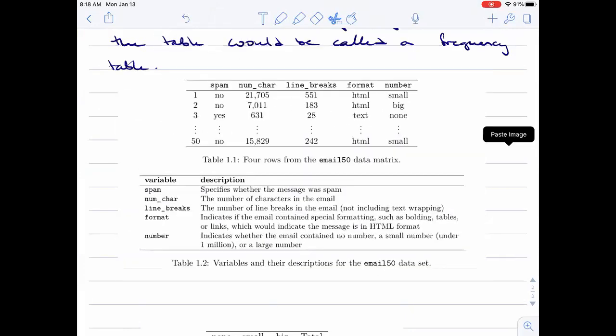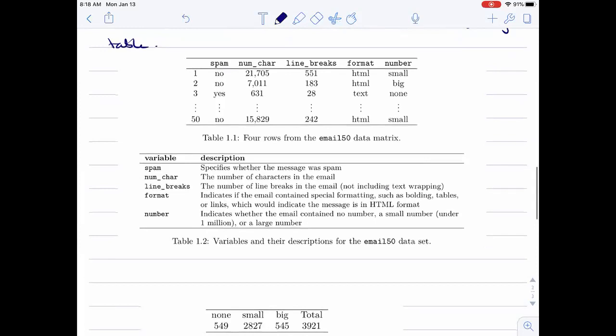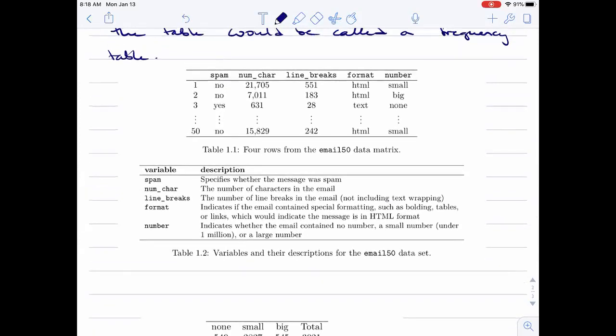So the email 50 data, or I just call it the spam data because it's talking about the spam. And it's kind of typical. So this is how you kind of perfect an algorithm essentially. So you have some emails or whatever that you've classified as spam, right? And so they're either yes or no spam.